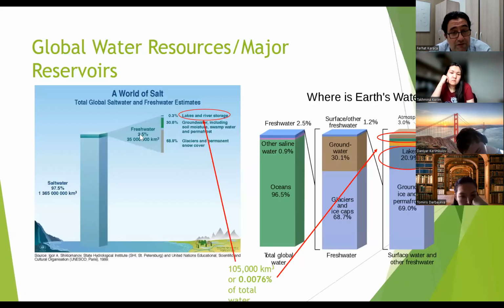Only 2.5% of the available water is fresh water. And one more interesting figure is that only 0.3% of this 2.5%, a very, very little amount, is lakes and river water. It means that you can readily drink it, after, of course, some treatment. Still, it is a very tiny amount.